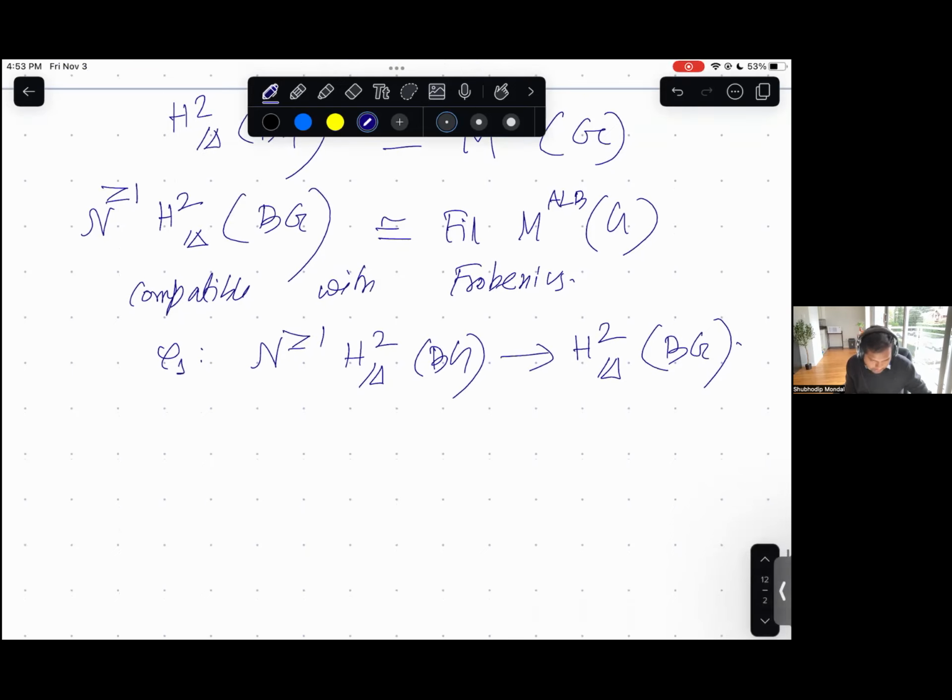And so actually this divided Frobenius is also kind of useful in writing down the Tate module of G very concretely. So maybe this is an example.